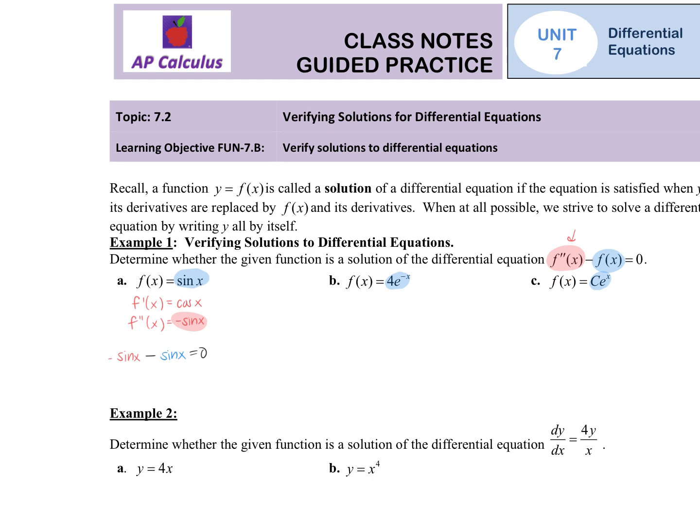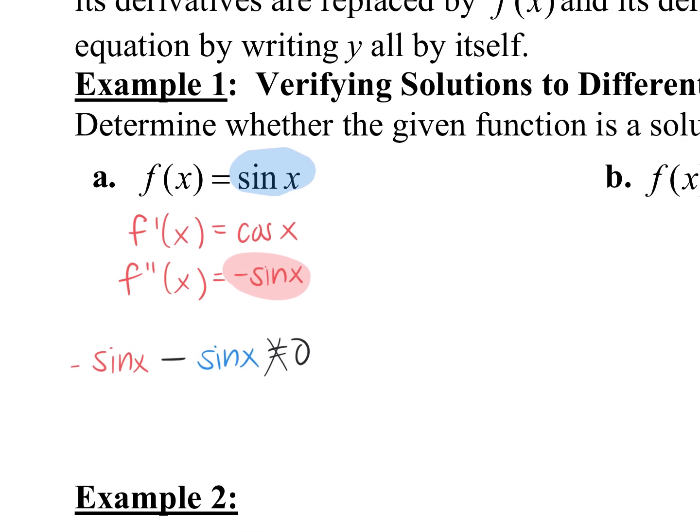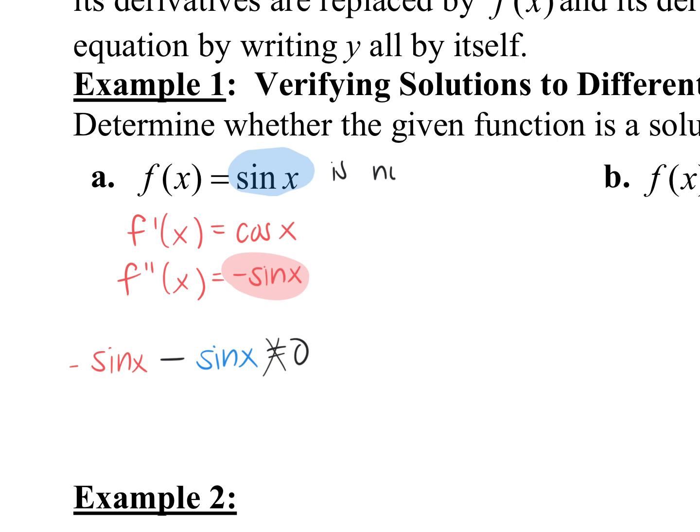We plugged in our second derivative and our f of x function. Does this make sense? Is negative sine of x minus sine of x equal to 0? No. If it was a positive sine of x for my second derivative, then it would be equal to 0, right? So this is not true. Therefore, this is not a solution to my differential equation. I'm going to abbreviate differential equations with DE.